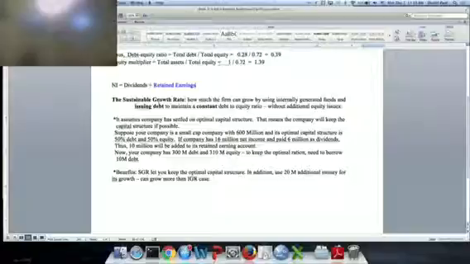The internal growth rate, or IGR, allows only retained earnings money to support future growth. However, the SGR, sustainable growth rate, allows you to use internal money, that means retained earnings money, plus issue debt. You can borrow more.